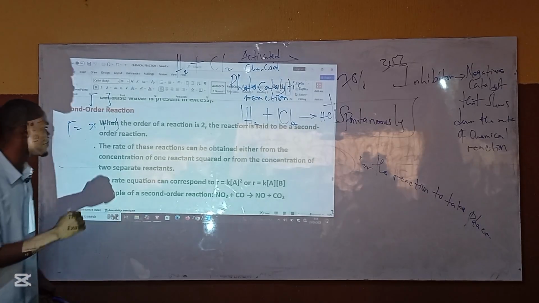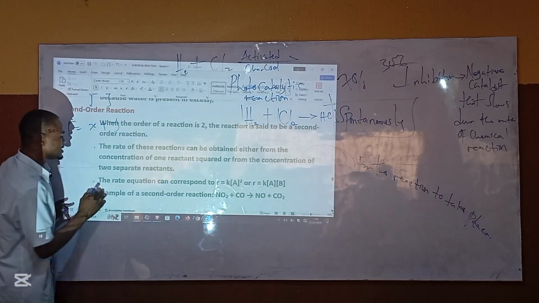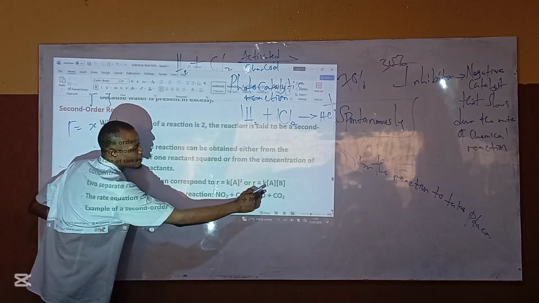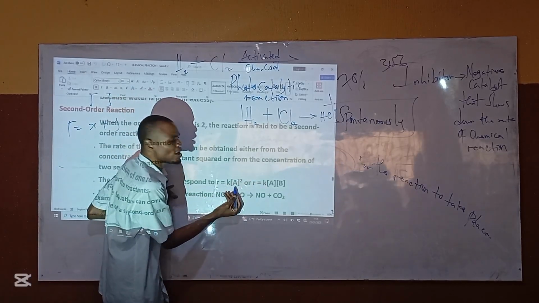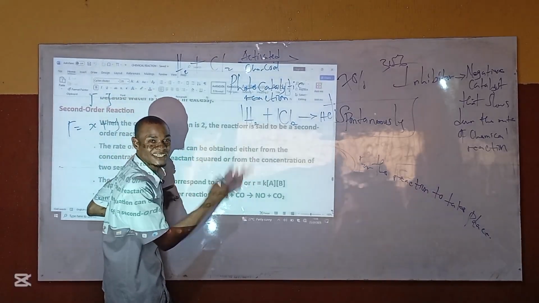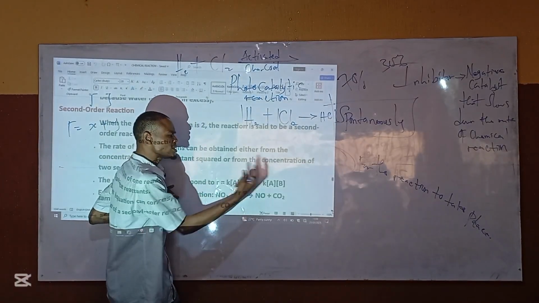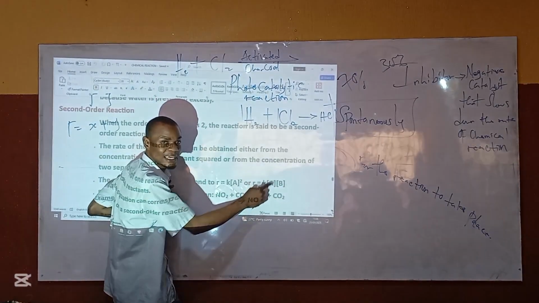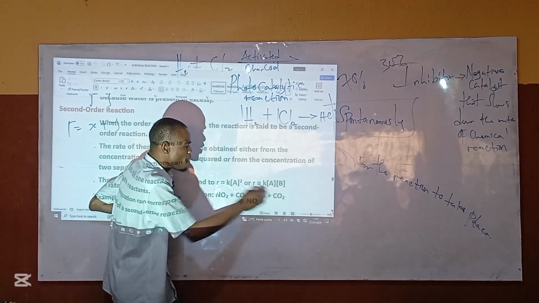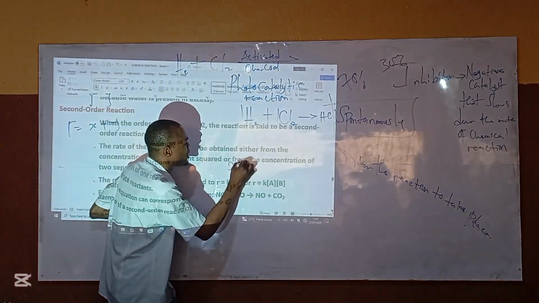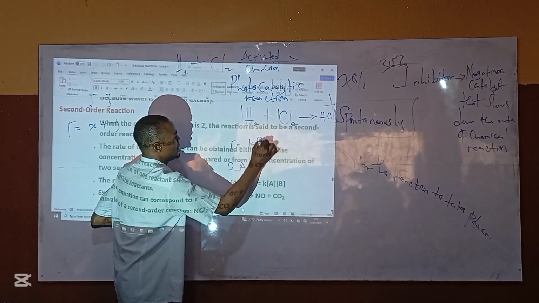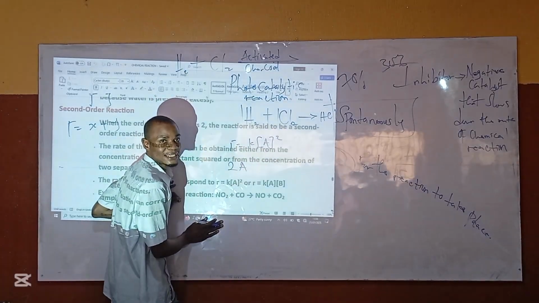Now, for example, the rate equation can correspond to R equals K A squared, or it might be a condition of one reactant that is doubled, or a condition of the two reactants in total. When you have 2A like this, you will say R equals K A squared.